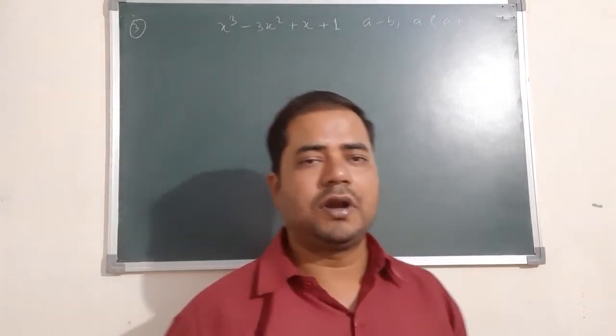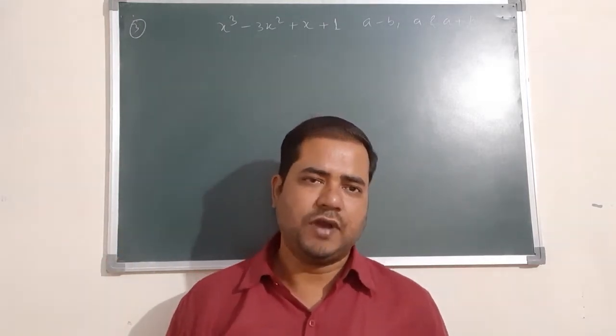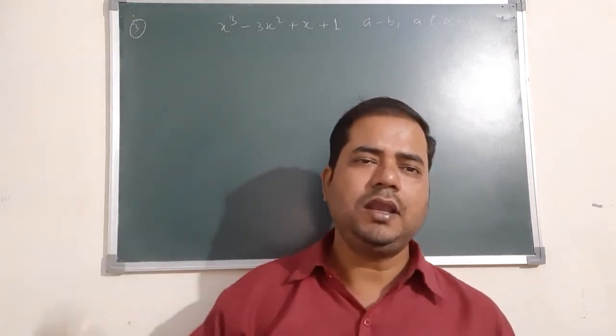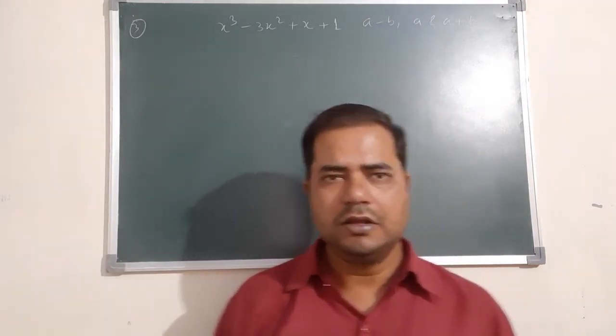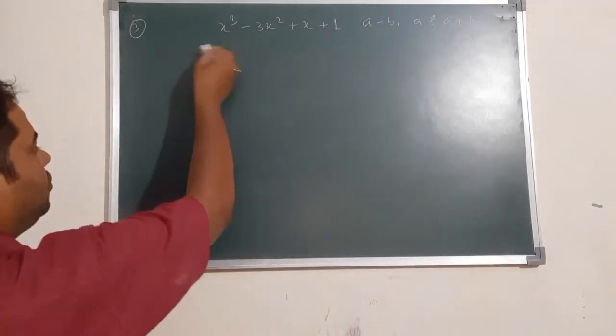Okay, when you know about arithmetic progression, then this question is of the type: find the value of a and b if the zeros of the polynomial are in AP. So you know this is a cubic polynomial, so there are three roots.